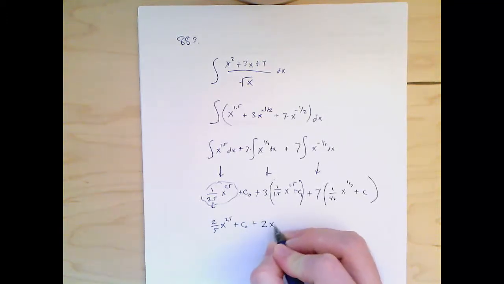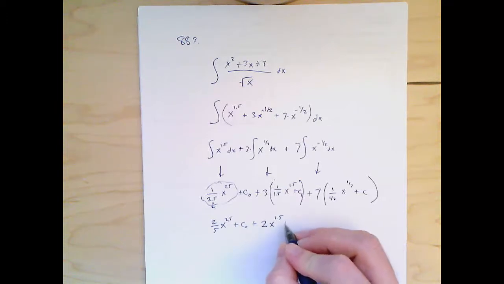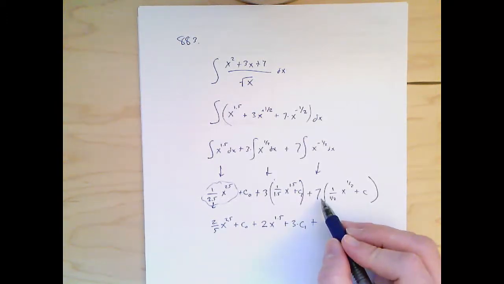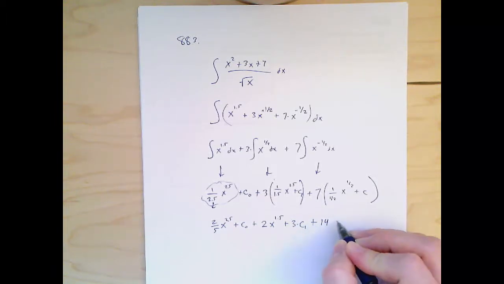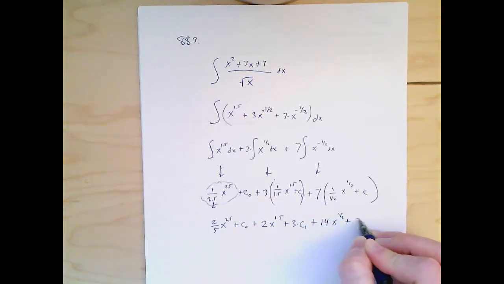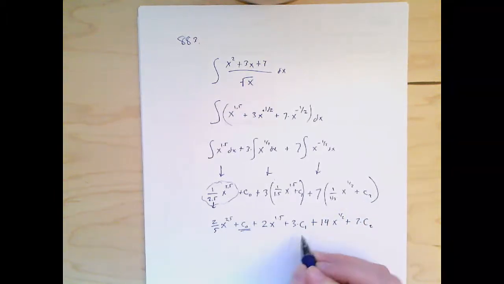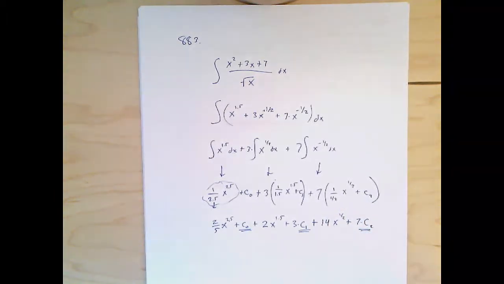So that's 2x to the 1.5 plus 3 times C1. Here I've got 7 times 2 is 14, x to the 1/2 plus 7 times C2. All right, so I've got 3 different integration constants here. Usually we don't really have a reason to care about what each of these are separately.